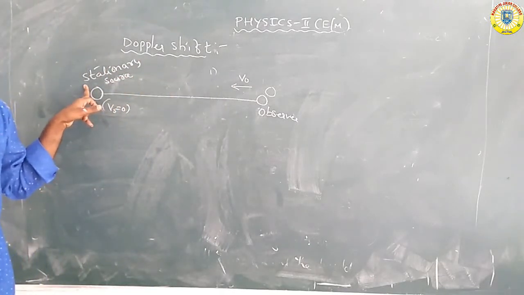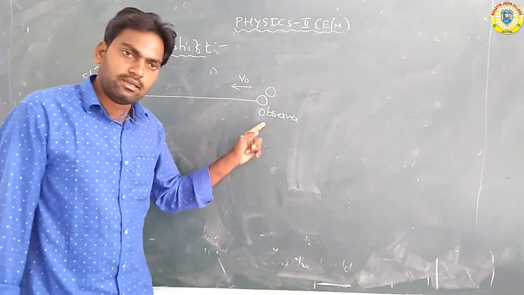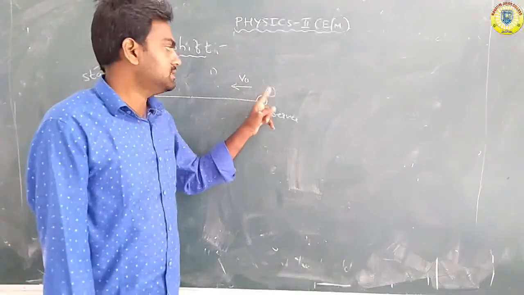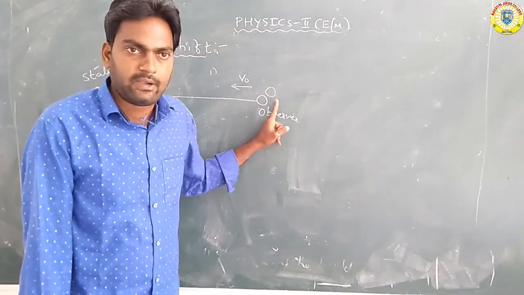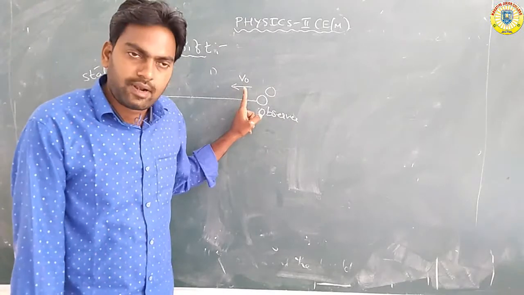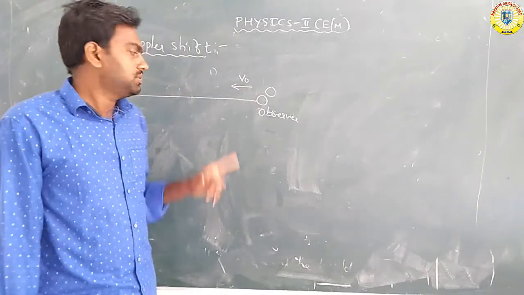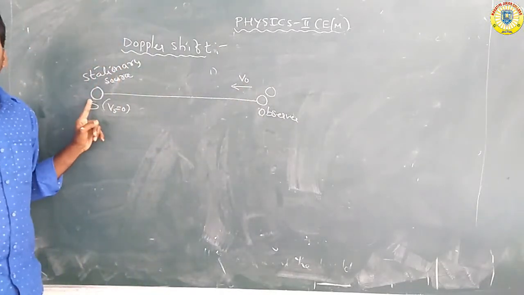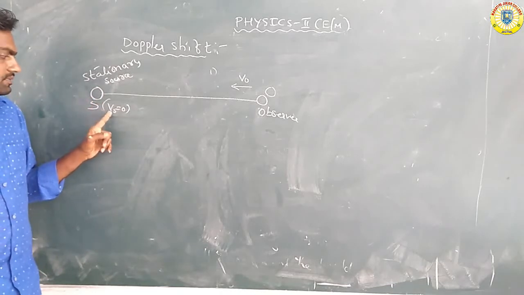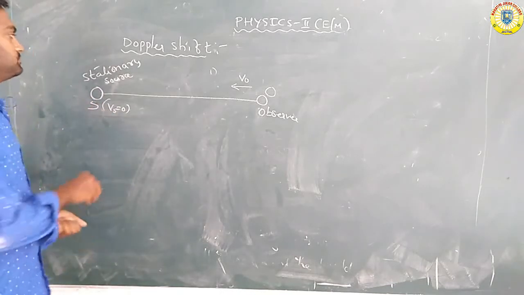Okay, stationary source. The first case: the observer, denoted by O, is moving with velocity v naught towards the stationary source. So stationary source Vs is equal to 0.